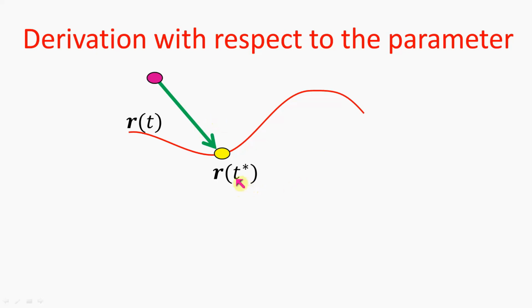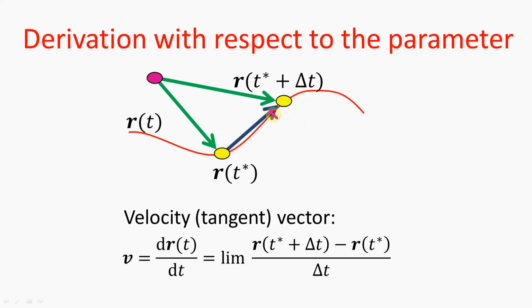So when the time is t star, we are here with respect to the origin, and a little bit later in t star plus delta t, we are here in this new point. During the time interval delta t, we moved between these 2 points. So the translation executed in time delta t is just the difference of the position vectors of the 2 points.